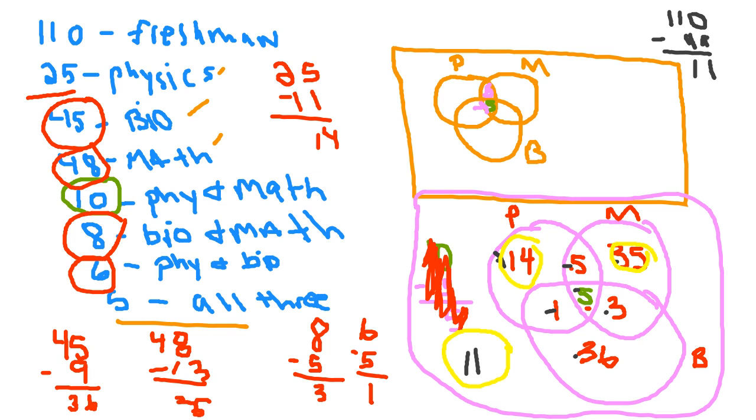So if we add all those, we get the 35 plus the 14 plus the 36, and then we can add the 3, 5, 5, and 1 so that we don't repeat them. So all of these took physics, biology, or math. So basically it's everybody in the circle, which is 99. Okay, so that would be your answer there.